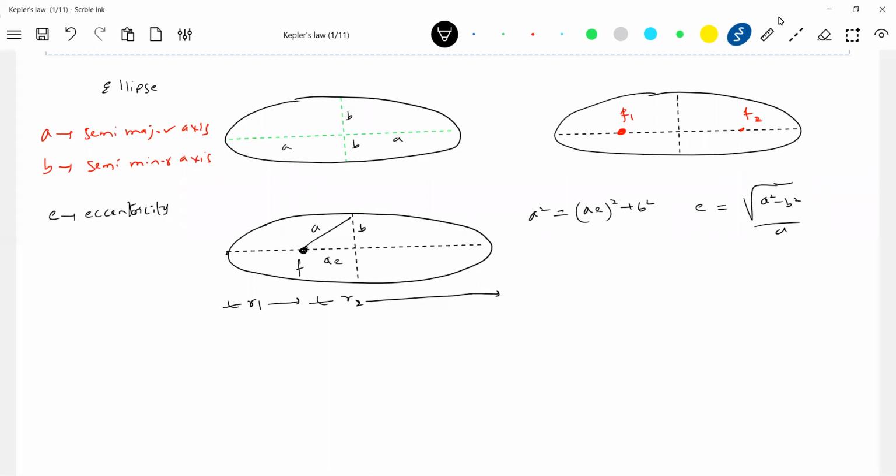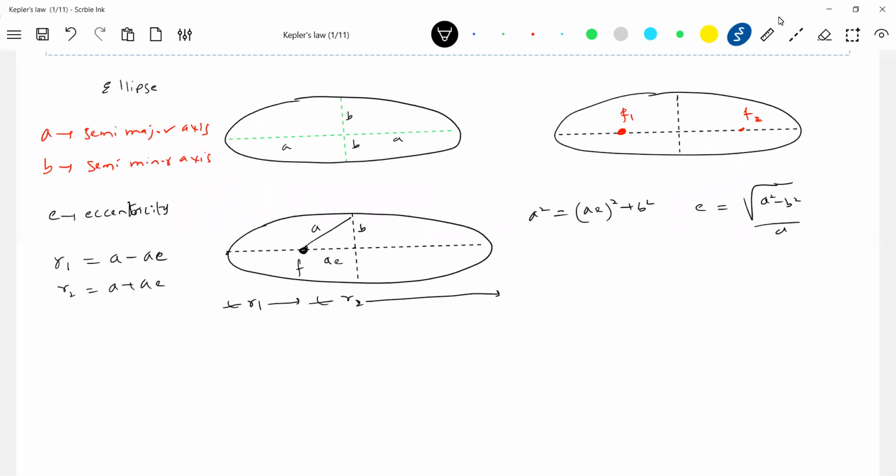Sir, you told A is the semi-major axis, right? Yes. The further distance will be taken like this, A, the semi-major axis. Now after this, what is R1? Can I write it as A minus AE? What is R2? It will be A plus AE.